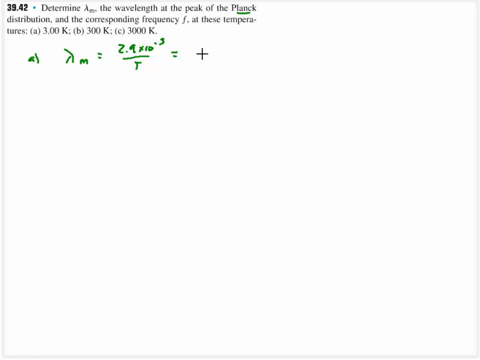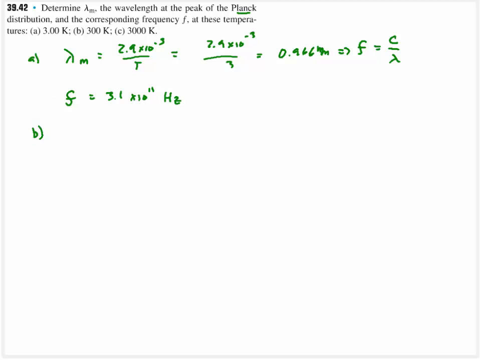So it's going to be 2.9 times 10 to the minus 3 divided by 3, and we're going to get 0.966 nanometers, or I'm sorry, millimeters. We can then say that the frequency is equal to the speed of light divided by the wavelength, and so the frequency is going to be equal to 3.1 times 10 to the 11th hertz.